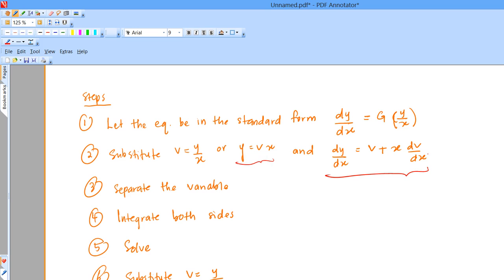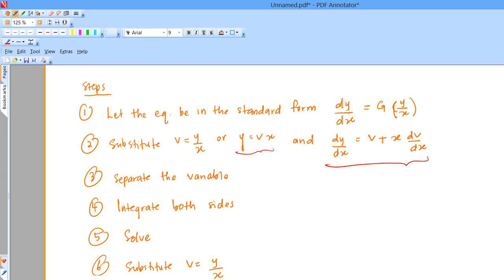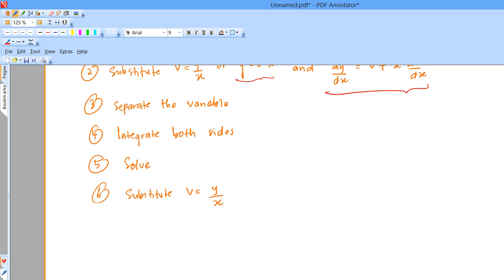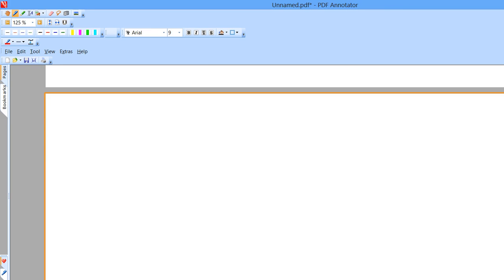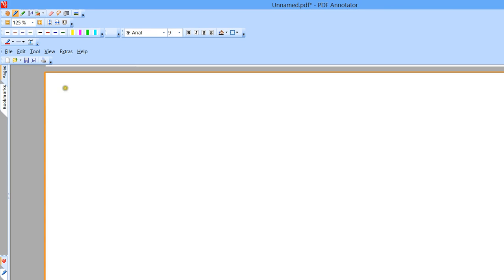Number 4, integrate both sides, and then we solve. Lastly, we substitute v equal to y over x. So now let's move to the first example. We have dy over dx equal to (y plus x) over x.